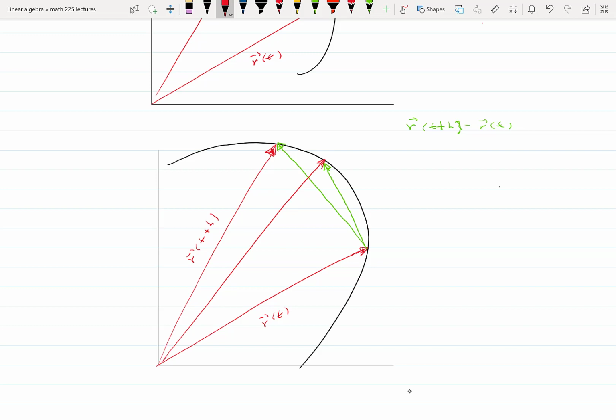If h is even smaller, it seems reasonable that our new position vector r of t plus h is even closer to the initial position vector r of t.